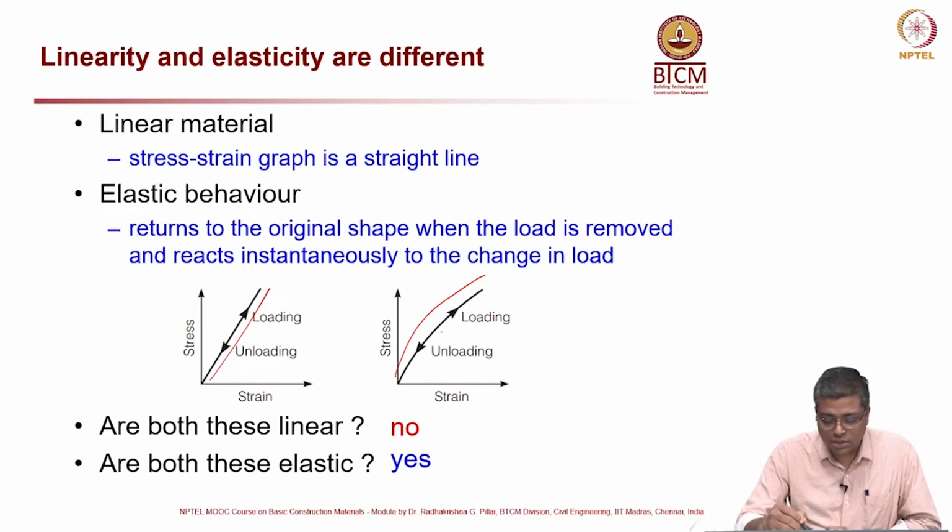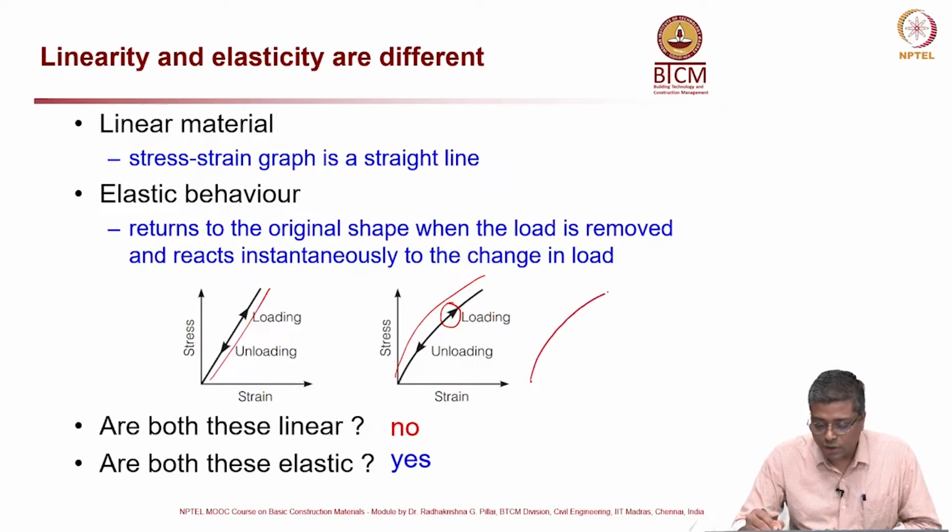In other words, in the second graph, this first arrow indicates the loading. So, I load the material like this, and when I unload it, if it follows the same path in coming back, then we can say it is an elastic material.